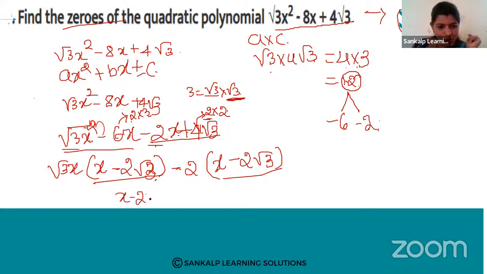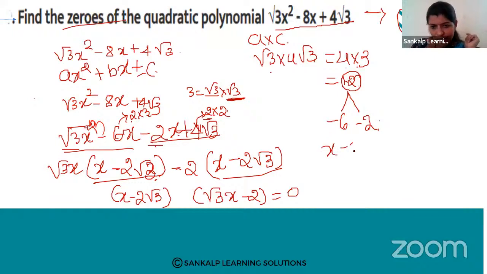So x minus 2 root 3 is one factor. Another one is root 3 into x minus 2. If you equate x minus 2 root 3 equal to 0 and root 3 x minus 2 equal to 0, what will you get?